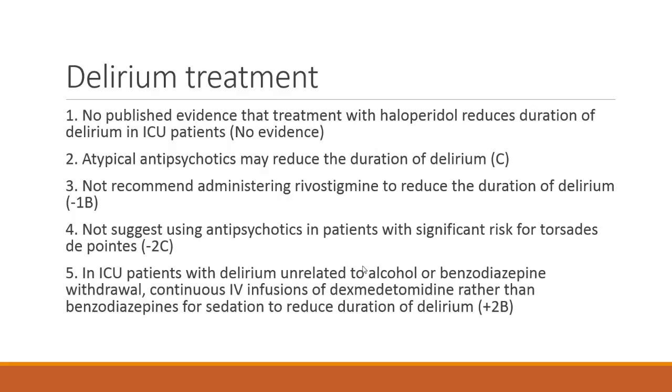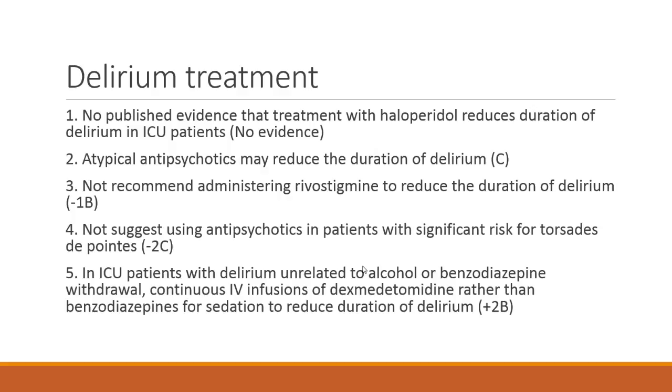With regards to treatment, their literature search showed that there was no evidence to support haloperidol use in reducing the duration of delirium in ICU patients. They found that atypical antipsychotics may reduce the duration of delirium, which we saw earlier with the quetiapine study. I'll skip the rivastigmine one.